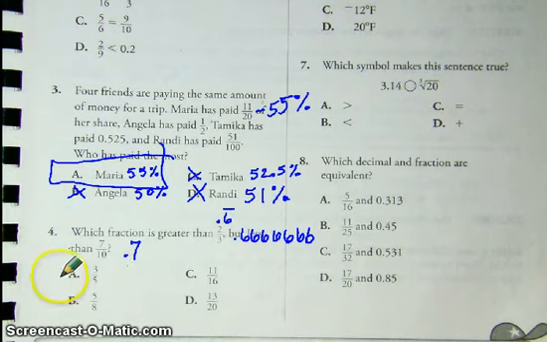I know 3/5 is 0.6, and it has zeros that follow it.